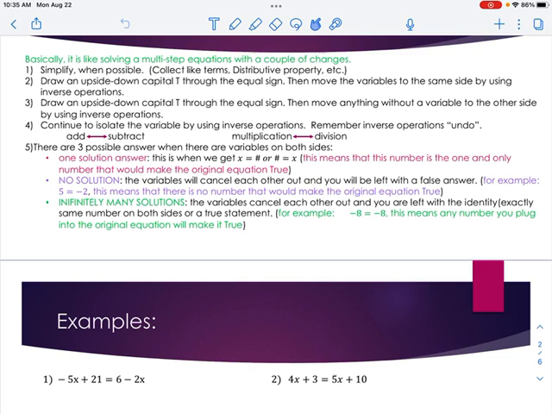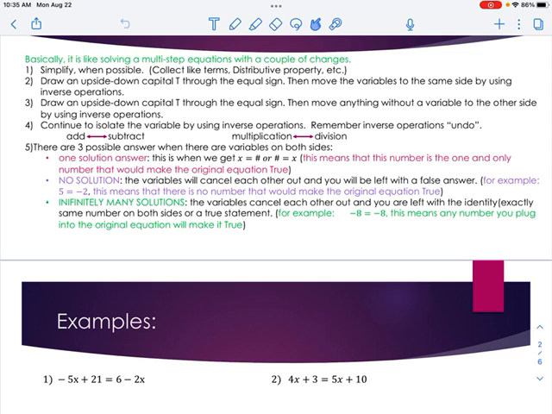Notice there's no x's involved anywhere. The x's eliminated each other. So when you add or subtract your x's to both sides, they crossed each other out. They took away everything. So then you would be left with an example like 5 equals -2, which is a false statement, and that would mean it's a no solution answer.